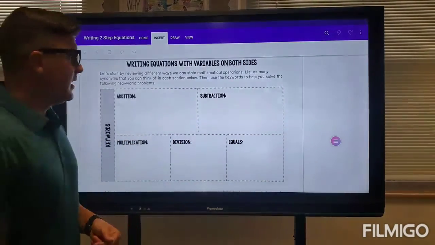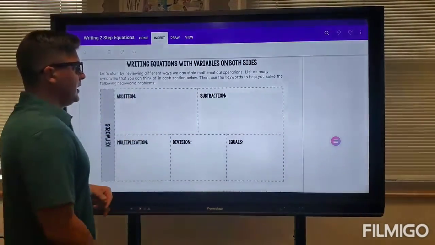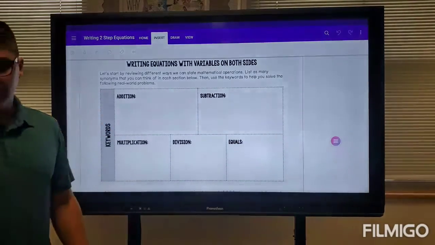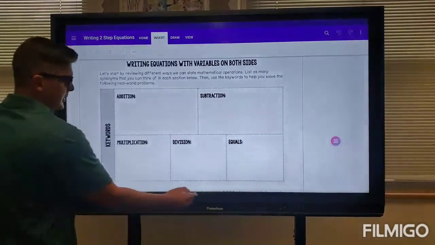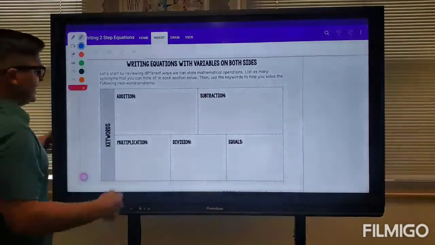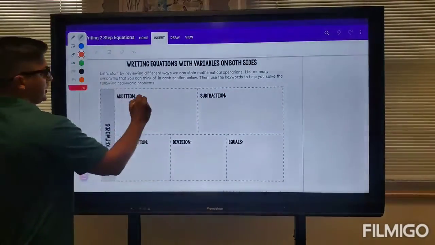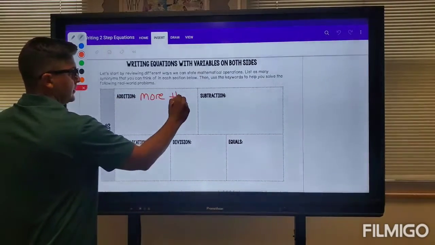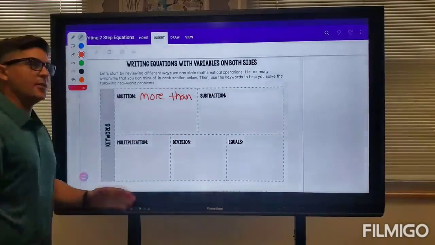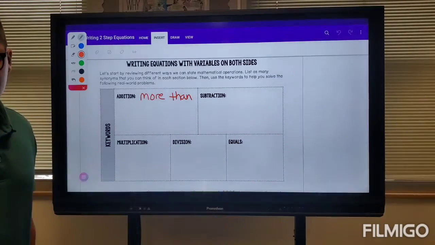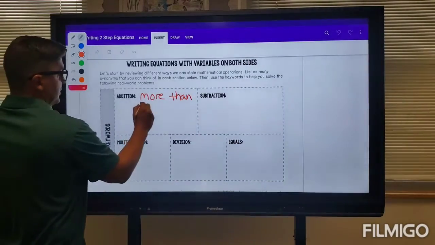So first we have to talk about what these words mean math-wise, okay? When I'm reading a word problem, what are some other words that I can use for addition? Well, sometimes instead of addition, we can use something like "more than." If you see that, 3 more than 2, that's going to be addition. "Sum."